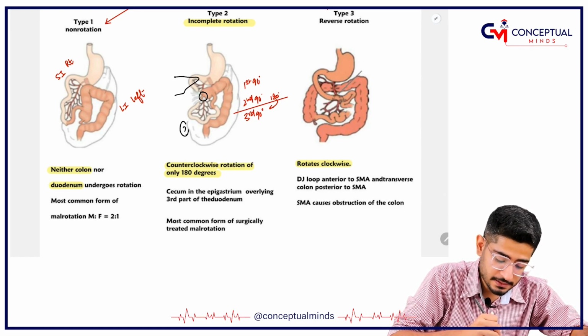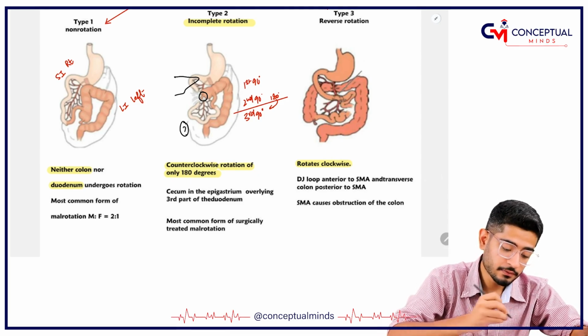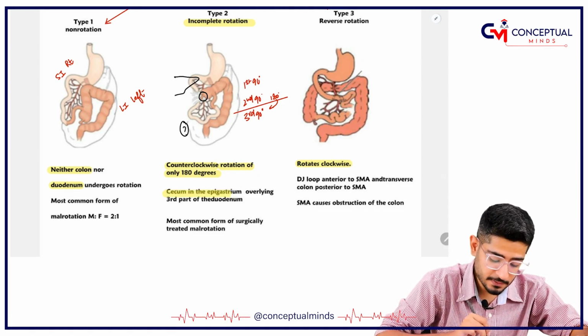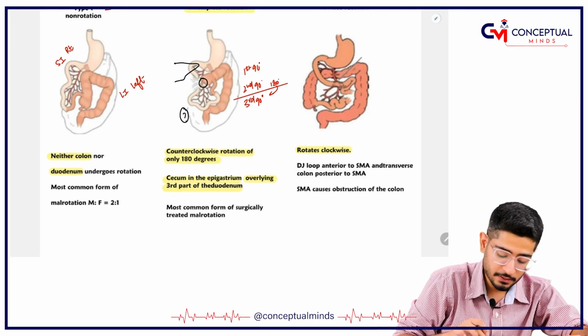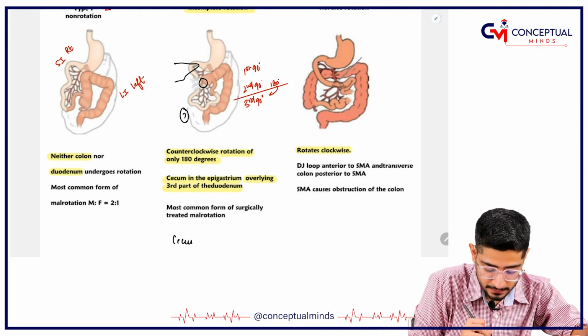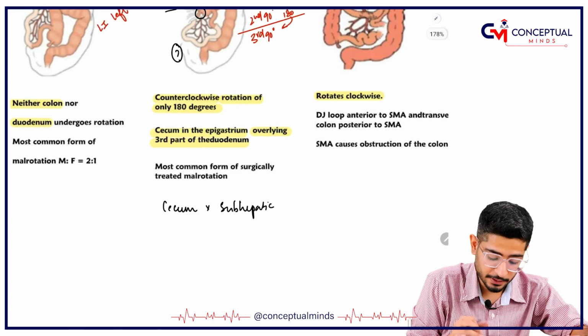But can you see there is nothing in the subhepatic area? This is part of incomplete rotation. So the cecum is going to be in the epigastrium, lying over the third part of the duodenum, but the cecum is not subhepatic. You can write that the cecum is not subhepatic. That is seen in incomplete rotation.